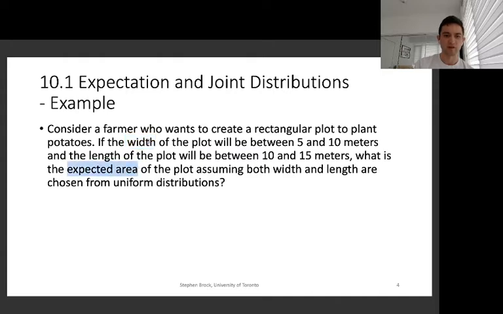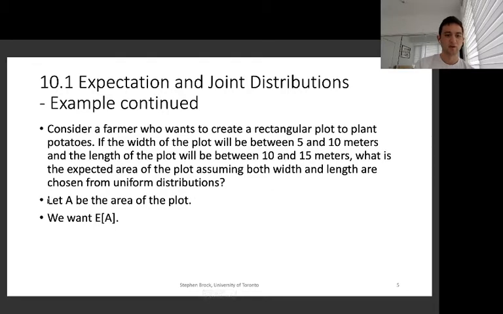Area, length, and width, that sounds like we have some material that we need. There might be an equation that we can use to link that together. And we know that the length and width are chosen from uniform distributions, which is important when we consider how the distribution between 5 and 10 looks, and 10 and 15.